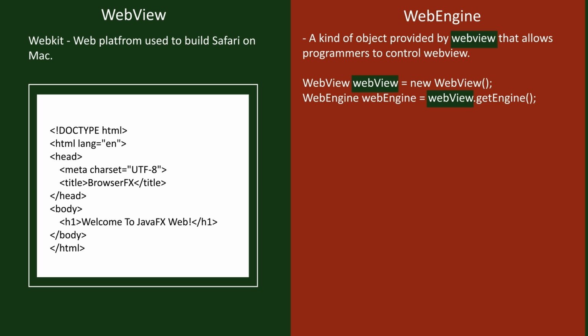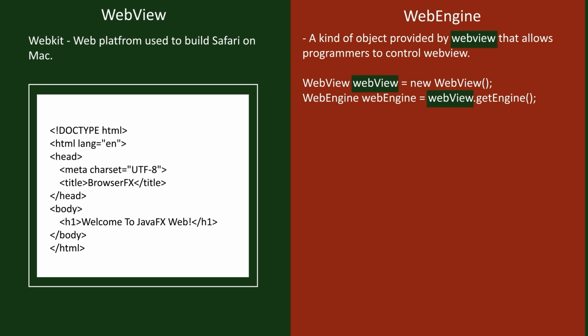So we control WebView and what happens to the rendered web pages using the web engine. And it is the WebView object that we create that gives us the reference to the actual web engine object. That's the difference between the two. WebView displays and renders everything. Web engine allows you to then modify it and interact with the rendered content programmatically.